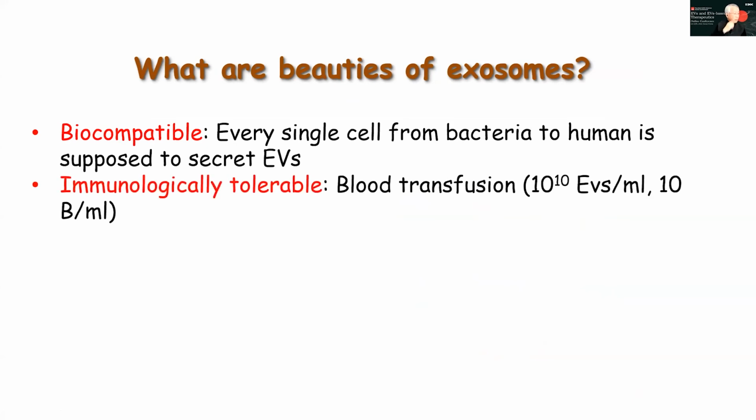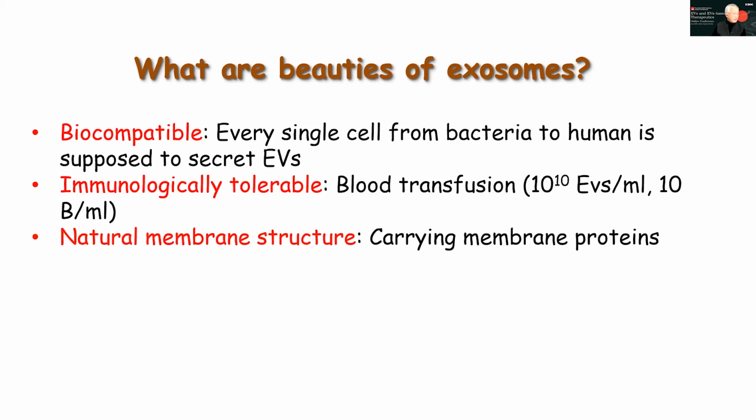And second, exosomes are immunologically tolerable. If you think about how many exosomes are actually present in the blood, it's about 10 billion exosomes in just 1 ml of blood. But it doesn't cause any problem when you have a blood transfusion. So it is immunologically very tolerable.